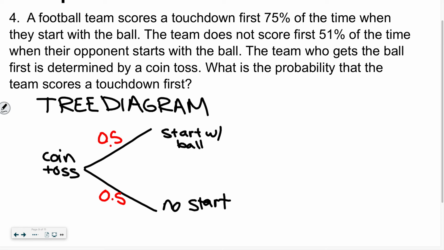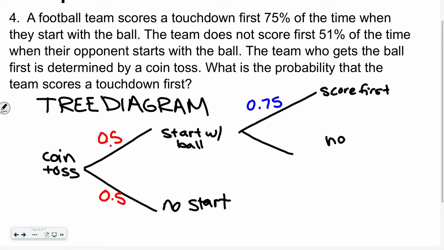Whether you, if you start with the ball, you can score first. Liam is saying 75% of the time. What's the other option when you start with the ball? Don't score. You don't score first.